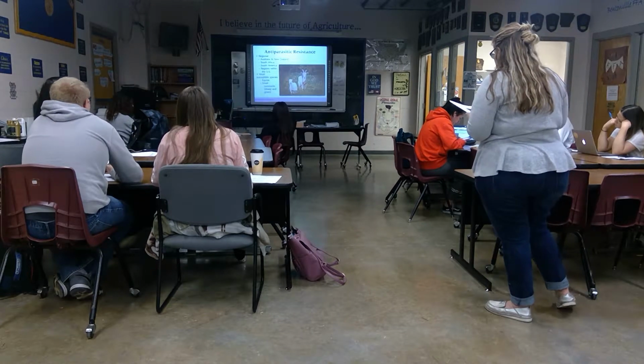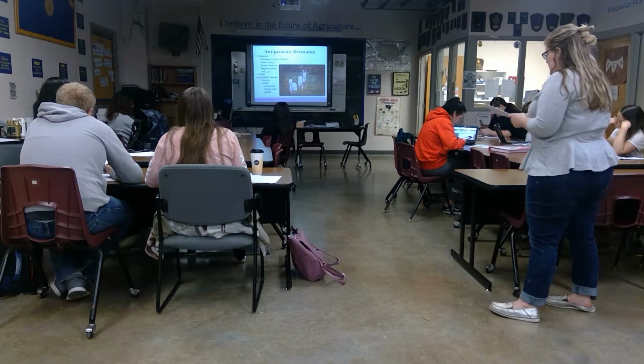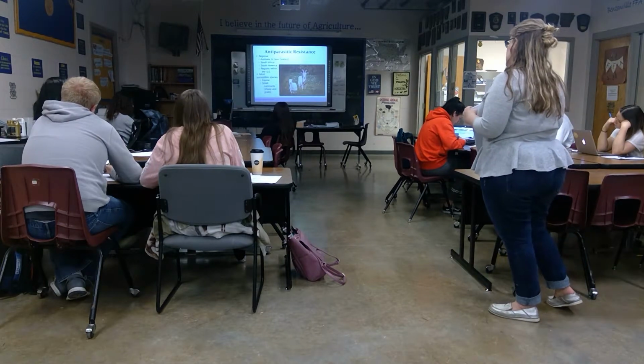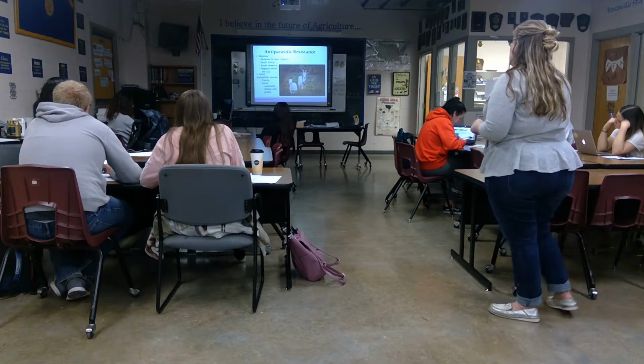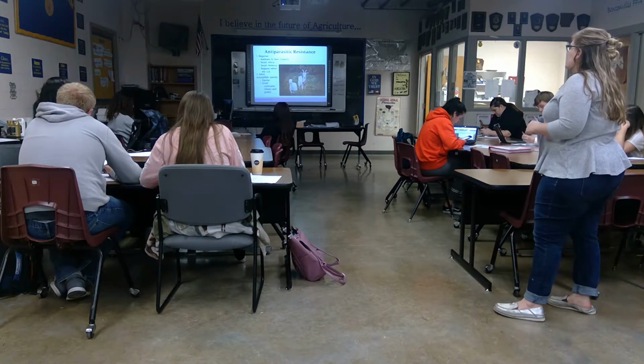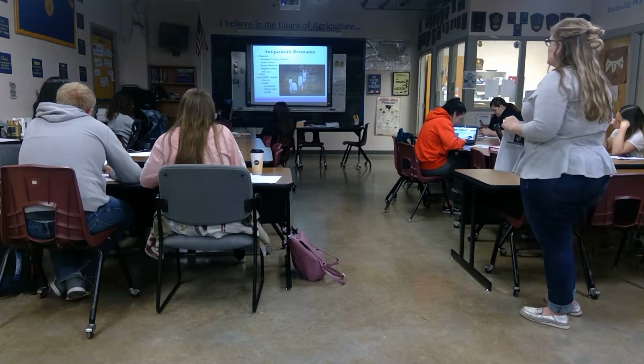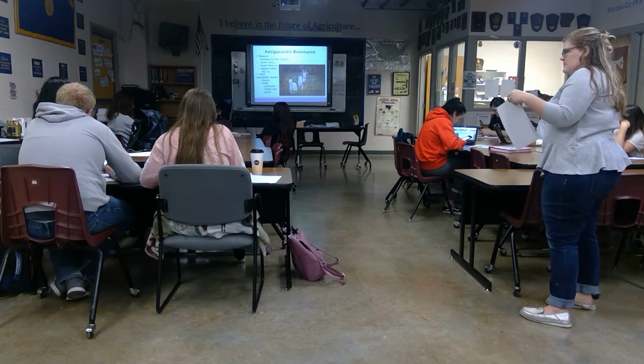Australia, New Zealand, South Africa, and South America have had problems with antiparasitic resistance in the past. That's why they're listed up there. And some parts of the United States have had some antiparasitic resistance too.